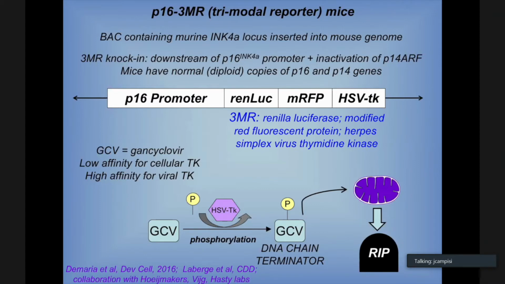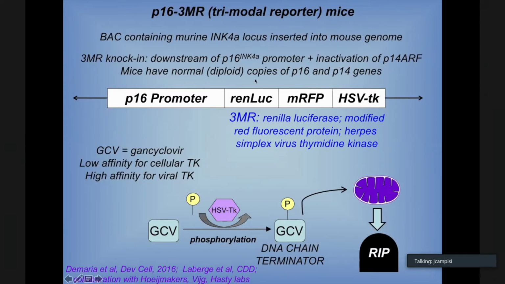And they both took advantage of the fact that senescent cells often, not always, but often express p16, the tumor suppressor p16. And so what we did is we made a transgene. So this is not a knockout or partial knockout. The animals have normal copies of the endogenous p16 and p14 genes, which are contiguous.